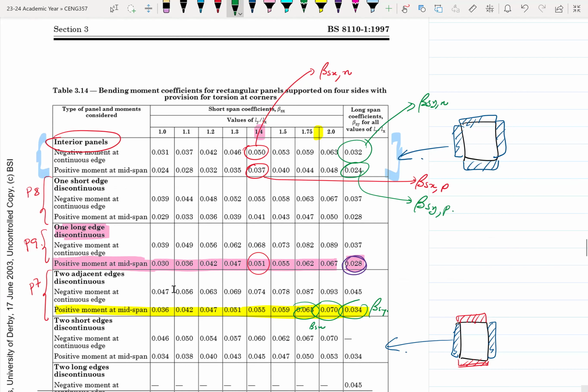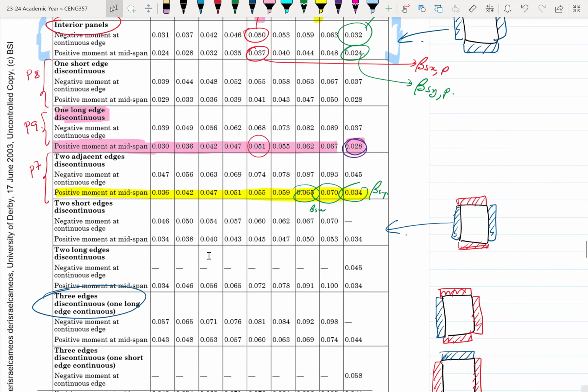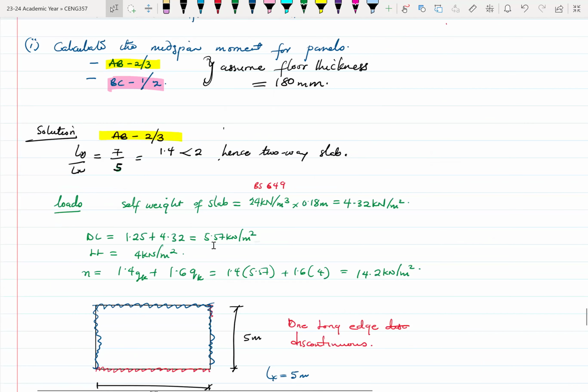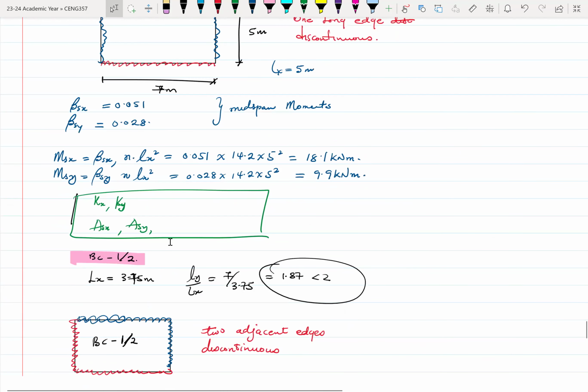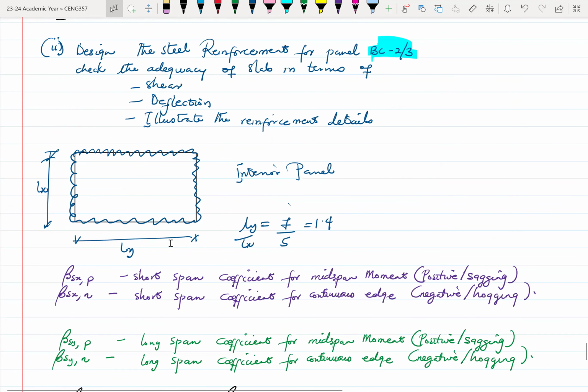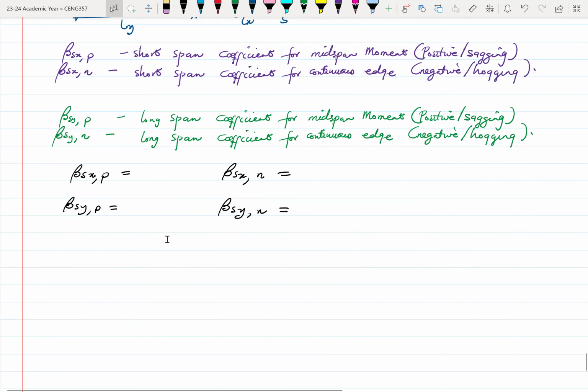So let me just rewrite them down here in the solutions below. My beta SX negative, I think, was 0.05. I'll have to go back and check it.